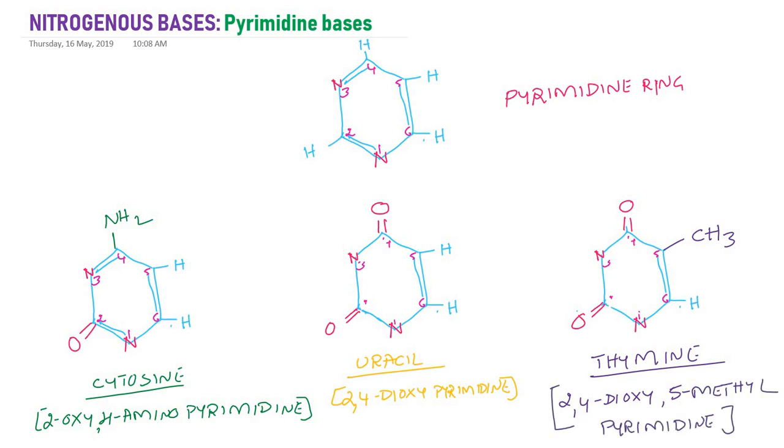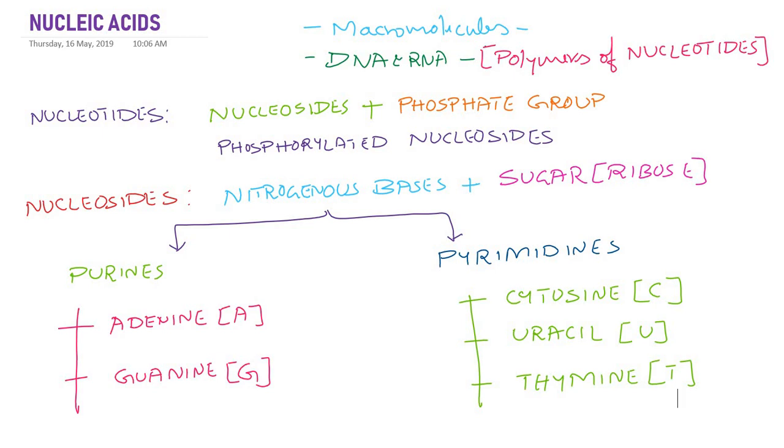So we studied so far nitrogenous bases, purine base and pyrimidine base. In the beginning we learned that nucleosides are made up of nitrogenous bases. So we learned the purine and pyrimidine base, and they are also made up of sugar. So now we are going to study the sugar present in the nucleic acids, that is ribose.